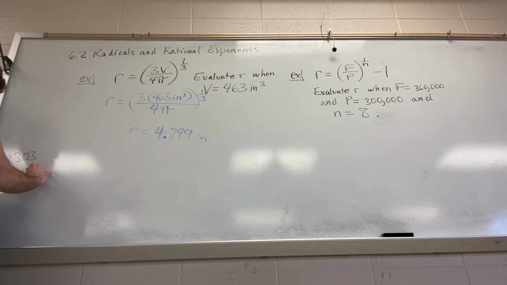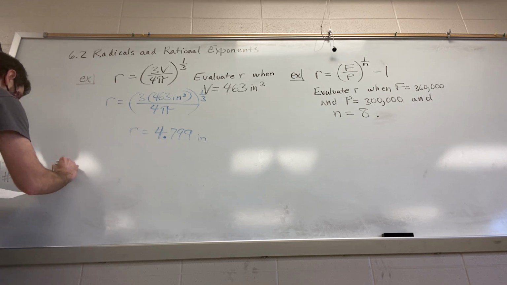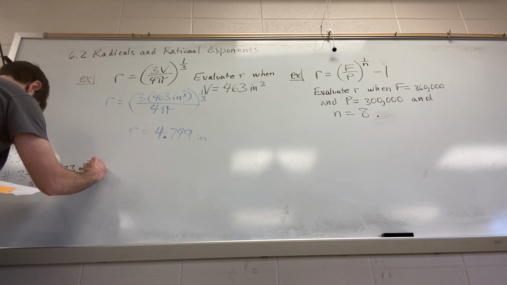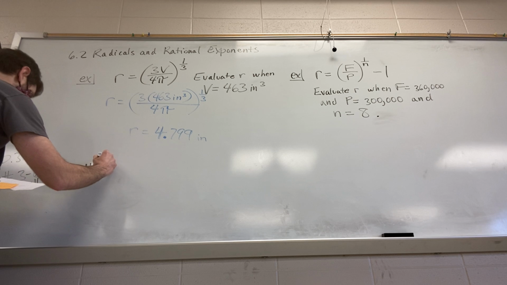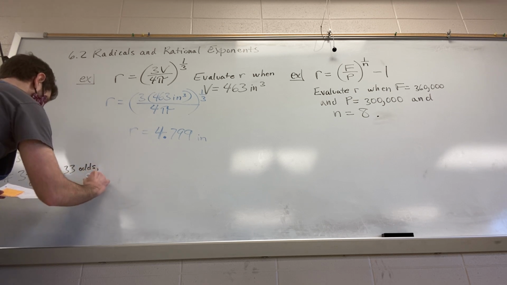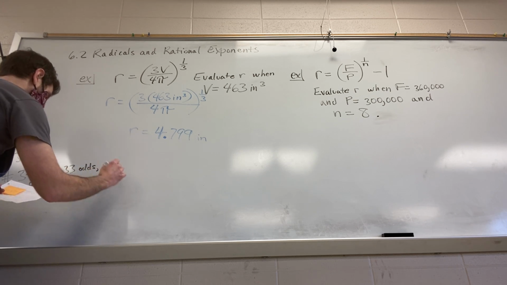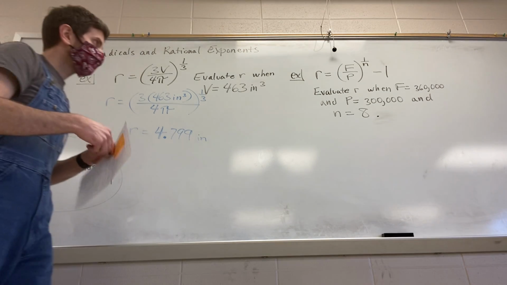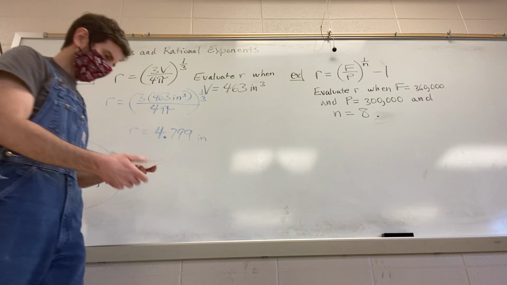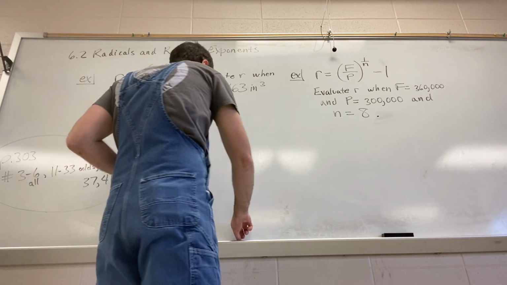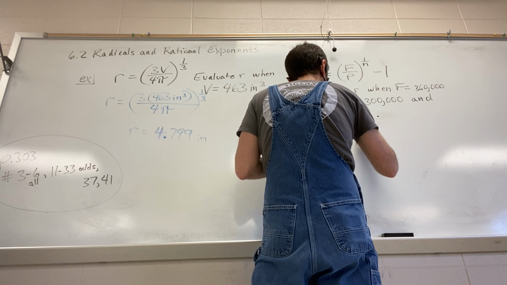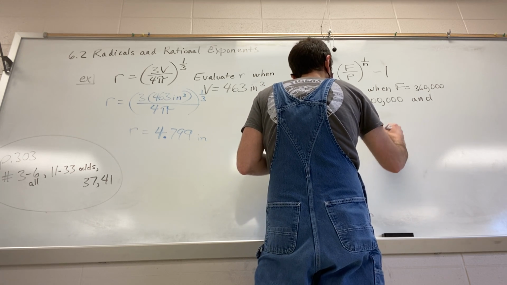Then I got 0.02 and some other numbers. Yeah, that's what we got. You could do it on your calculator. There's a lot of digits. I definitely got 0.023. R is equal to 0.023.